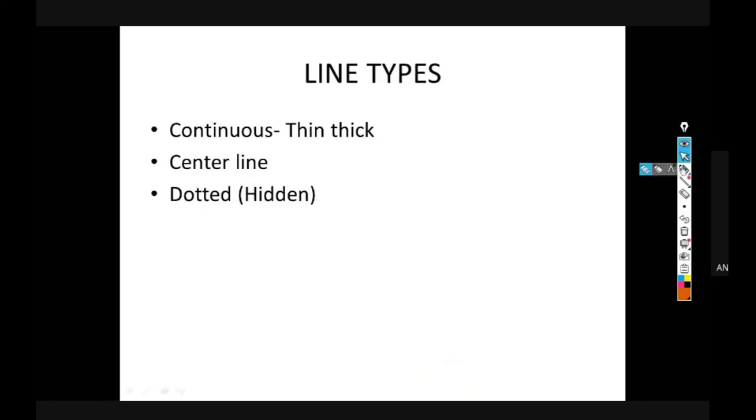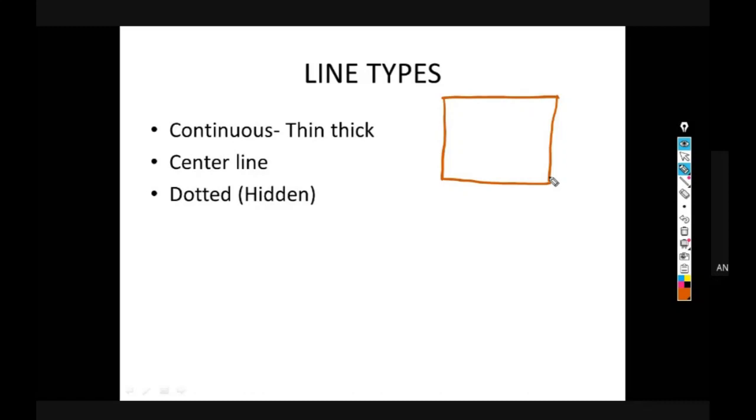Now, all of you know, tell me about line types. Continuous or thick lines are used in drawings. Where are they used? So this is a drawing. I'm just using this line. This is my continuous thick line. Where is it used? In structural, sir. Structural drawing and AutoCAD drawing.